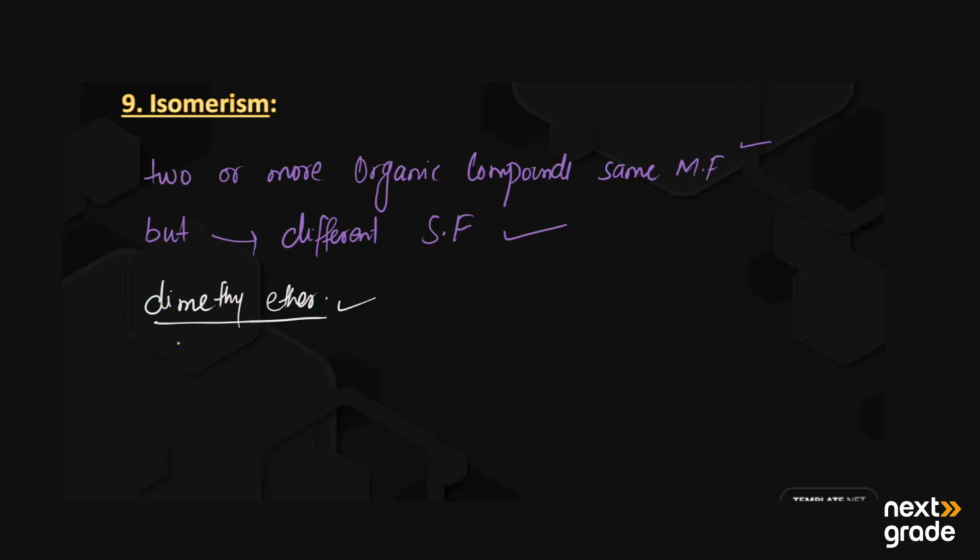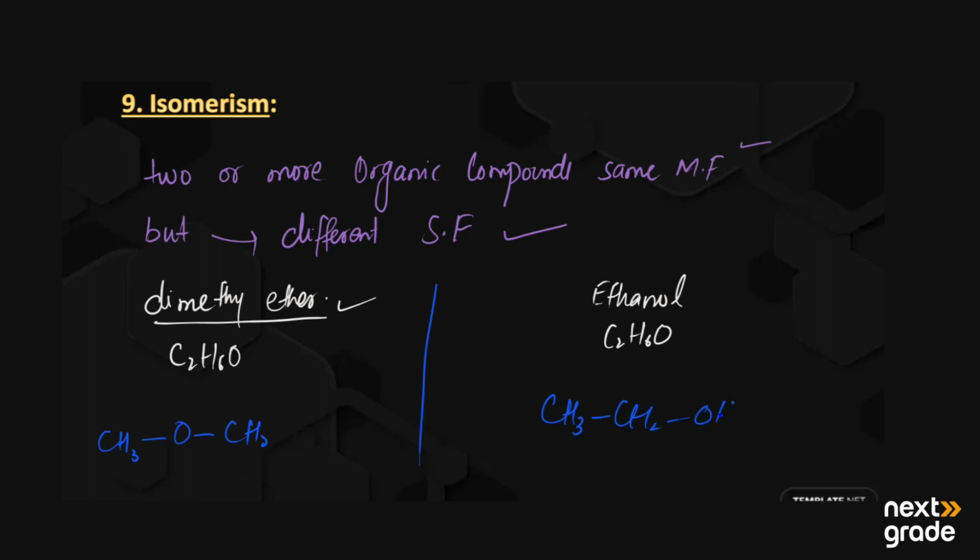Its molecular formula is C2H6O, and for the alcohol, that is ethanol, the formula is C2H6O. Their structural formula: for dimethyl ether we have CH3 and CH3. On the other hand, for ethanol we have CH3, CH2OH.